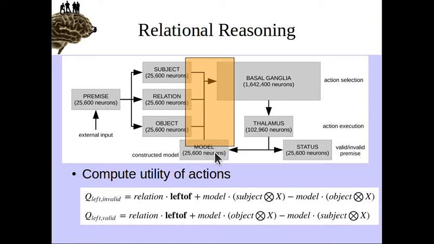Well, I know what vector I'm getting for something is left of something else. I can take a look at my model, and I could do the dot product of whatever vector is in my model with whatever is in the subject population convolved with the vector for x.